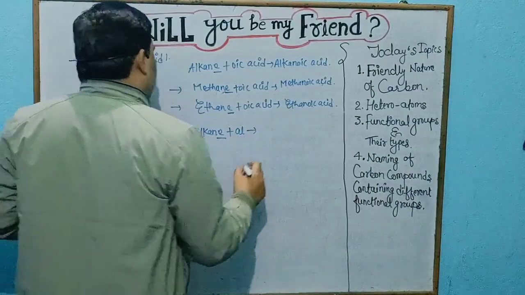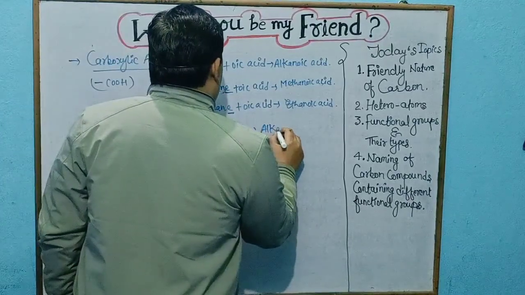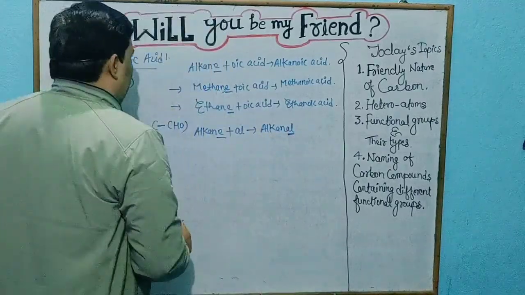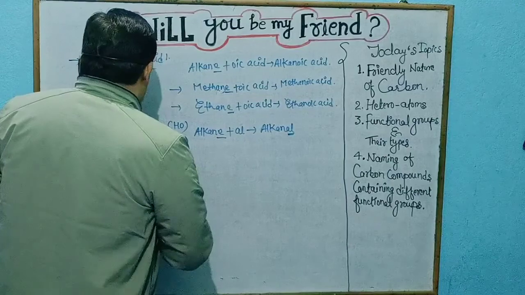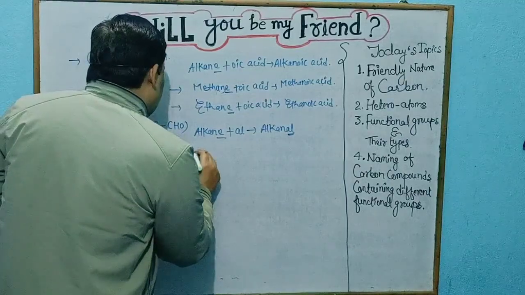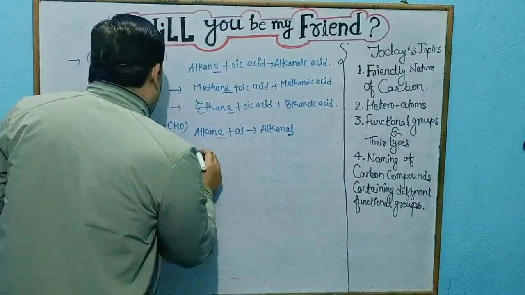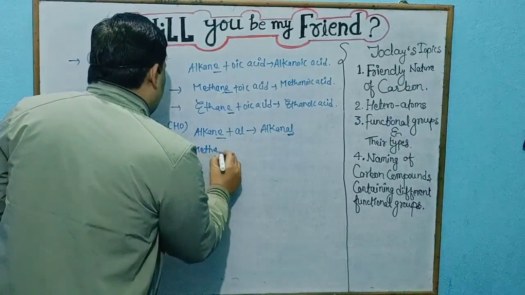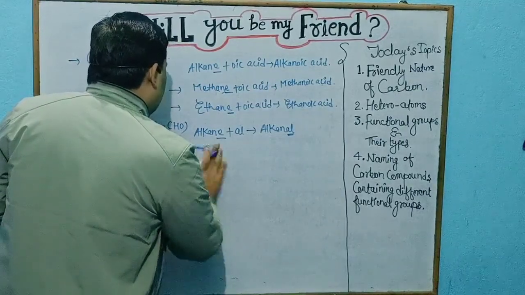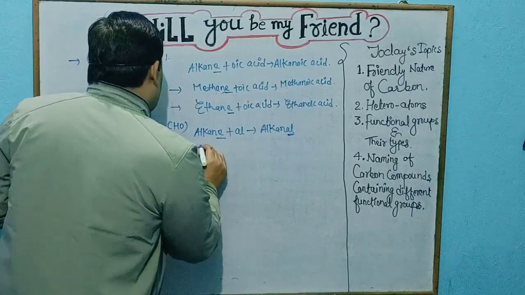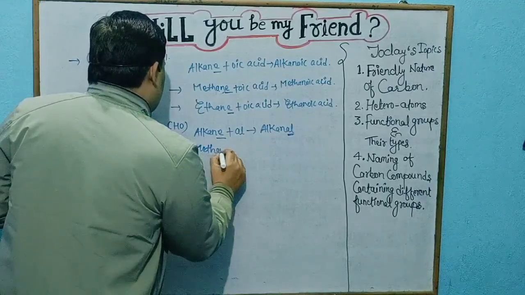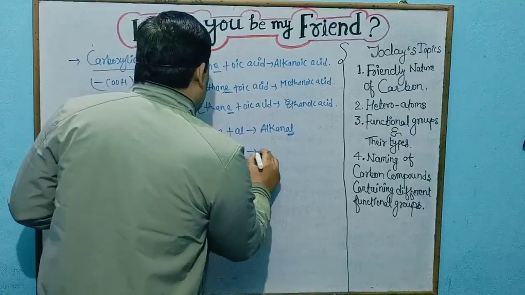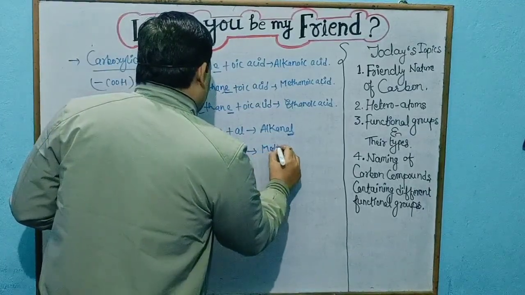It becomes alkanal. So if you are writing the name of the first aldehyde, that is methanal, we replace E of methane and add AL to it. It becomes methanal.